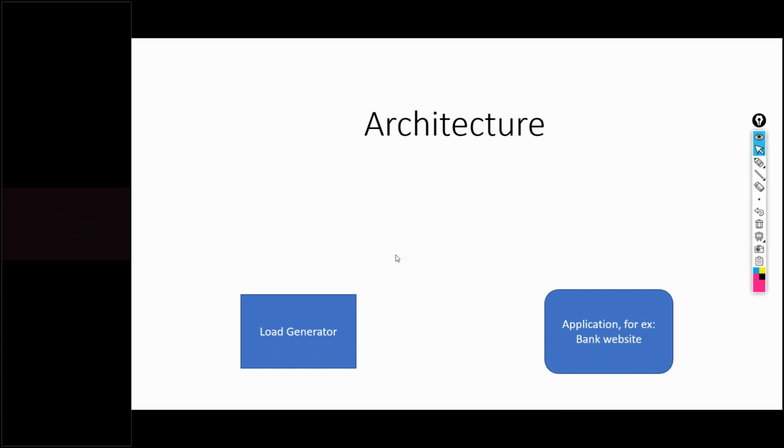So you should also have some component which should develop some sort of scenarios and replay those scenarios. Like one scenario is transfer money, one scenario is download statement, one scenario is paying credit card bill.